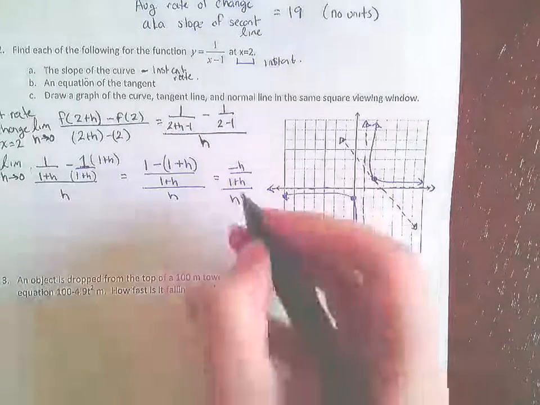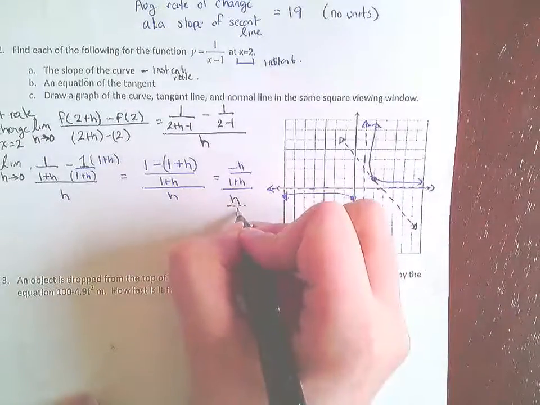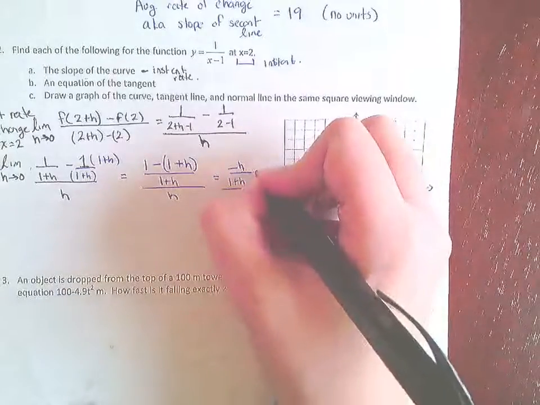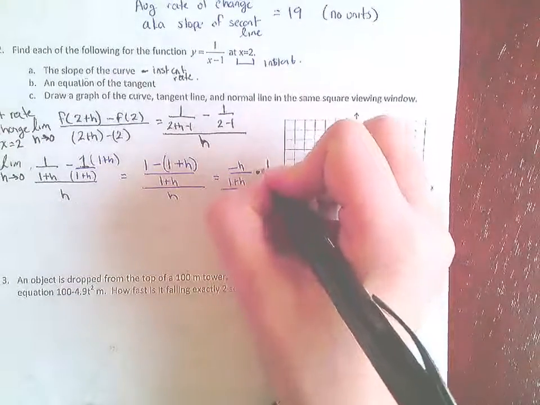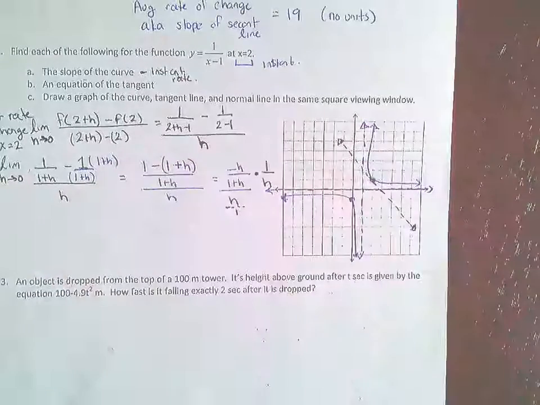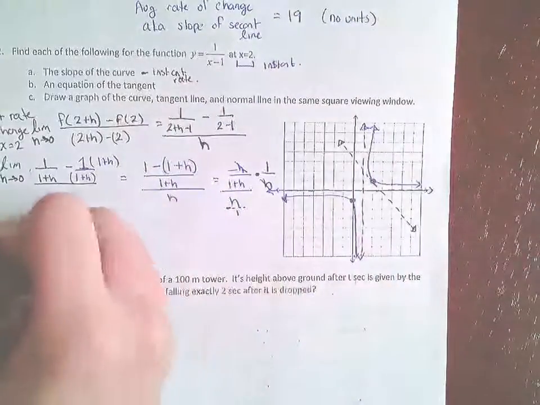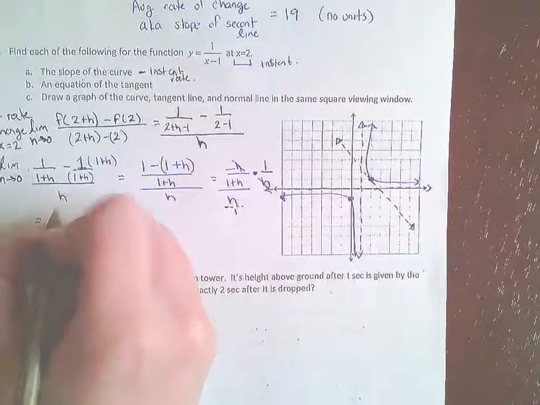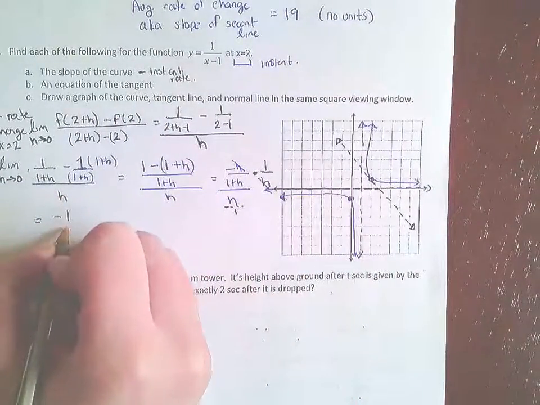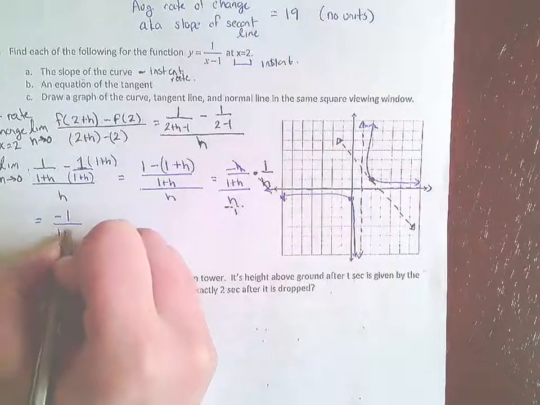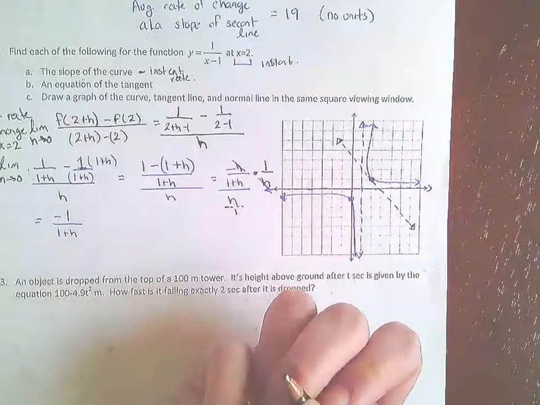All right, now remember that this h is technically over 1, so when we multiply by the reciprocal, we're going to multiply by 1 over h. So what happens here is that this h cancels out, and then we're left with negative 1 over 1 plus h.